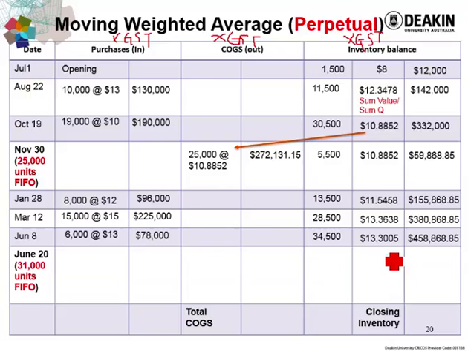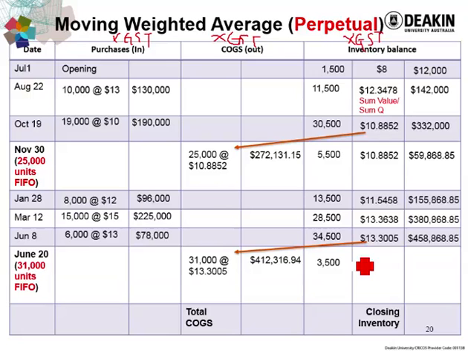Then on 20th of June, we sell 31,000 units. So in the out column, we use 31,000 units multiplied with 13.3005, which is the most recent unit cost, to calculate the cost of goods sold.